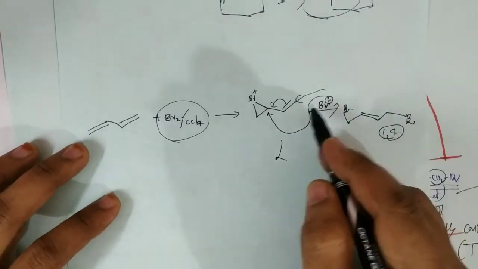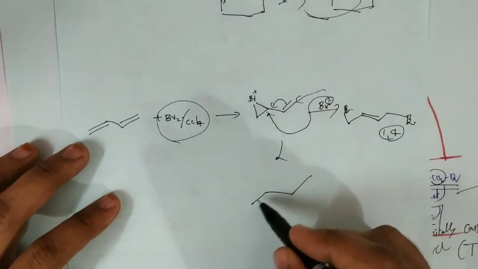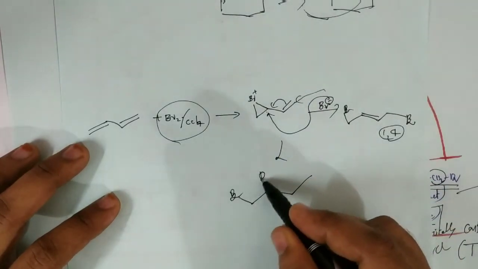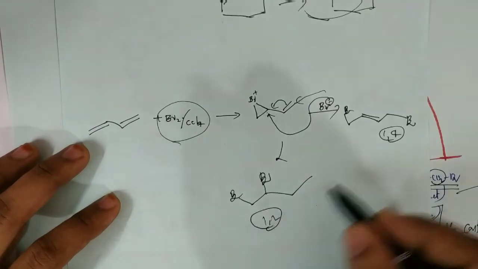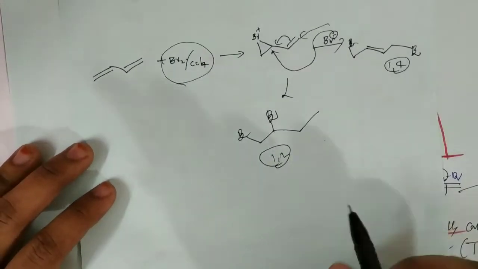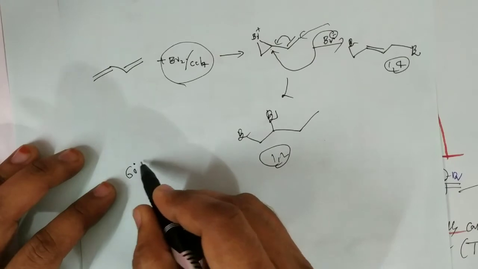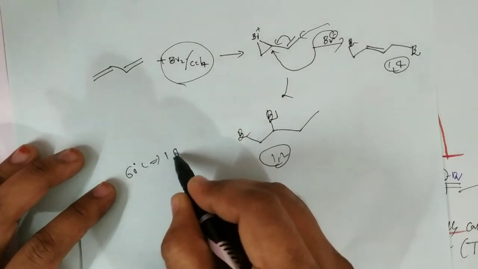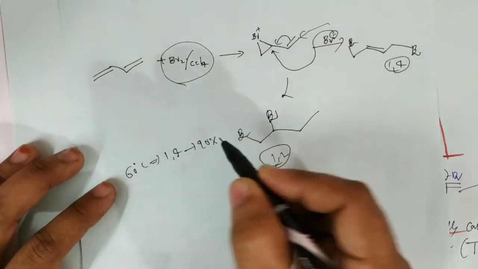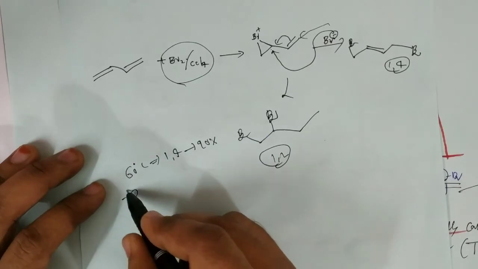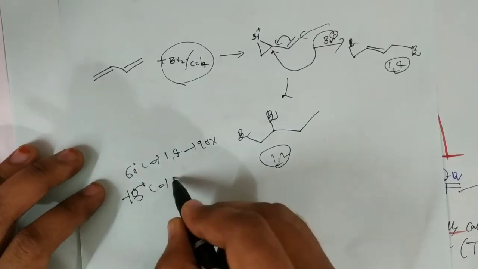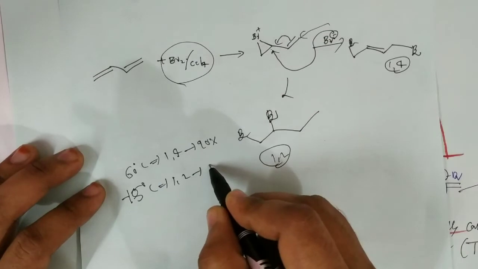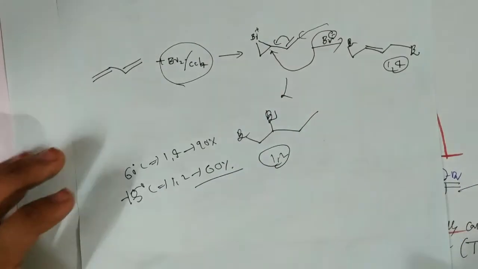Now if this Br minus attacks at this carbon, we have the 1,2 addition product. This is the 1,4 addition product, and this is the 1,2 addition product. Actually, at 60 degrees centigrade the 1,4 product is formed 90%, and at minus 15 degrees centigrade the 1,2 product is formed as the major, that means 60%.